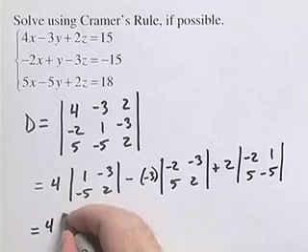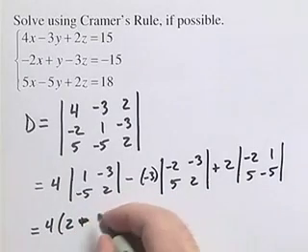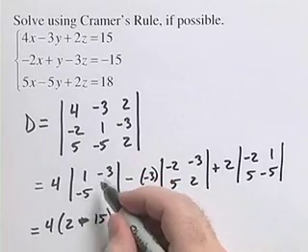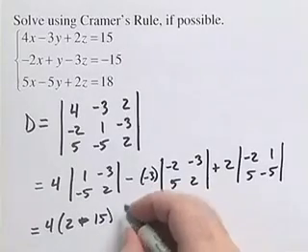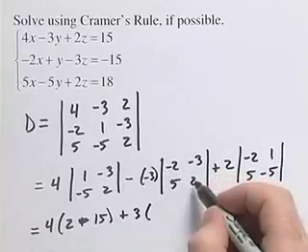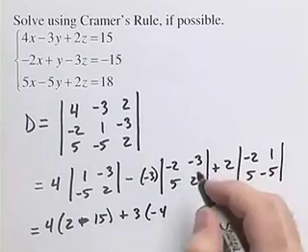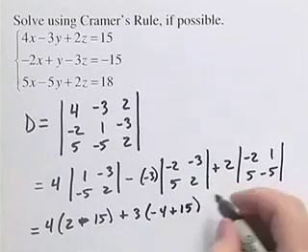So we'll get 4 times 2 minus 15. So we'll have negative 3 times negative 5 is positive 15, so we'll just have 2 minus 15. Minus and negative is going to give us plus 3 times negative 2 times 2 is negative 4. Negative 3 times 5 is negative 15, and we're subtracting, so we get plus 15.